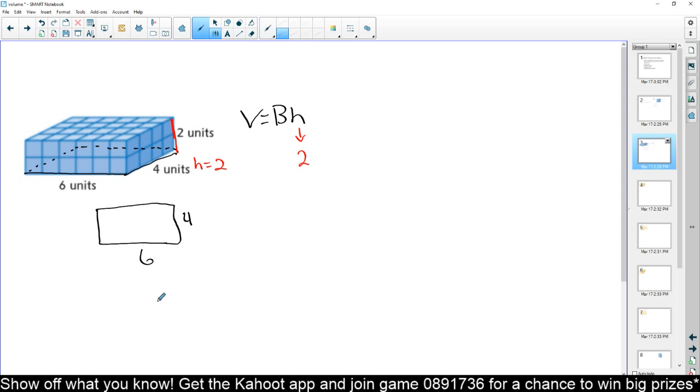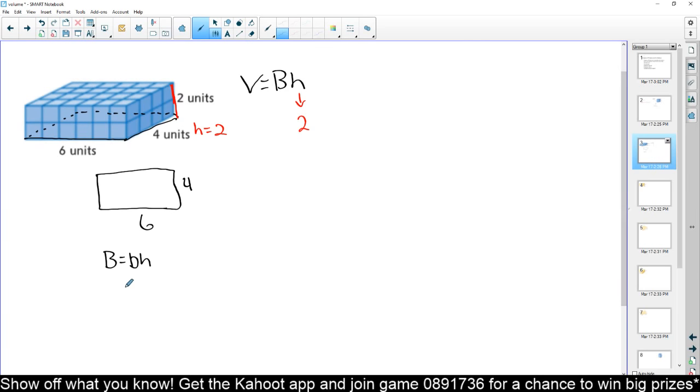So now I need area of the base. So I need the formula for what is the area of this shape. And since it's a rectangle, a rectangle's area is just base times height. Or, in this case, just 6 times 4. Write out the whole formula every time.